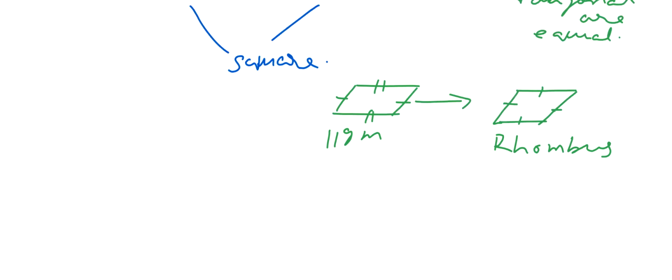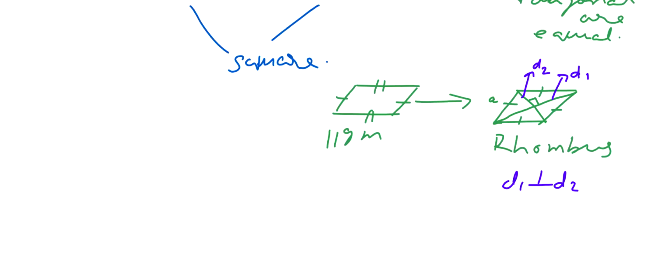Another property is that the diagonals of a rhombus are perpendicular; they are not equal. There will be two diagonals, D1 and D2. This is diagonal 1 and this is diagonal 2. Diagonal 1 is perpendicular to diagonal 2. Both diagonals are perpendicular to each other. Did you get it?